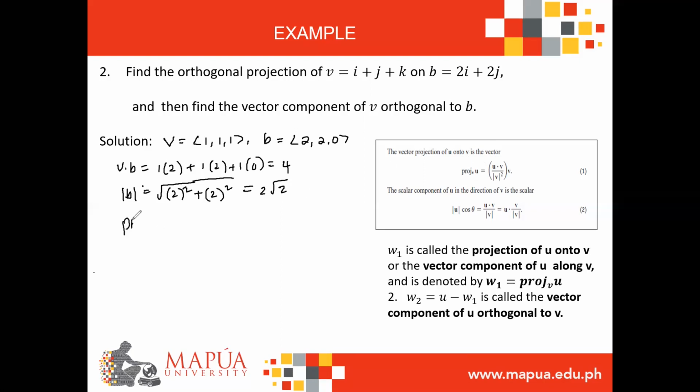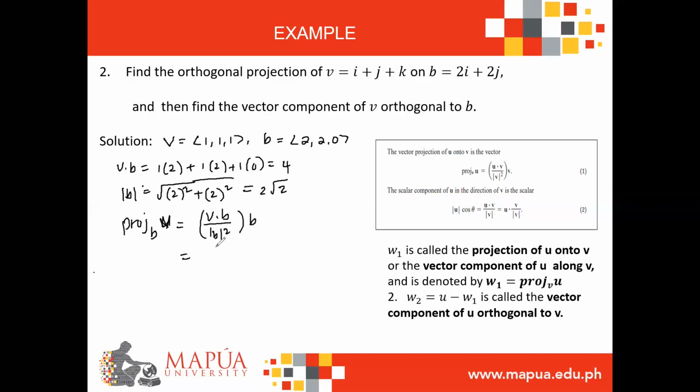So we have the projection of v onto b, and that is v dot b all over the magnitude of b squared, times vector b.